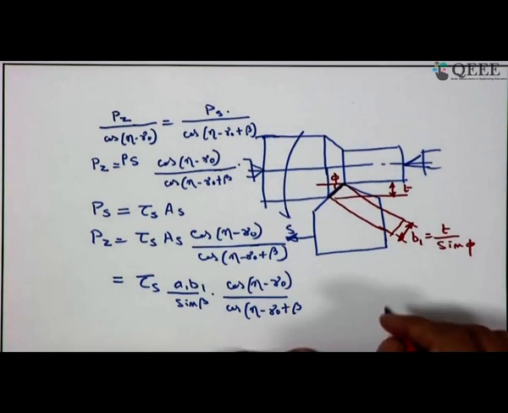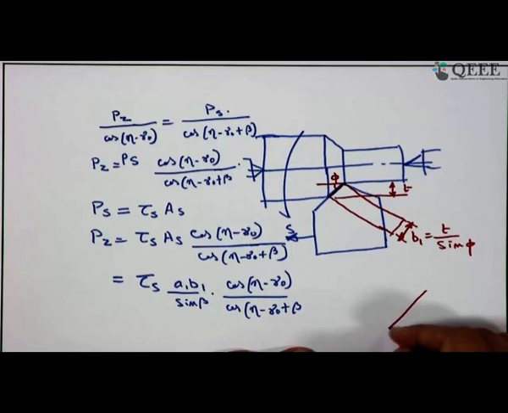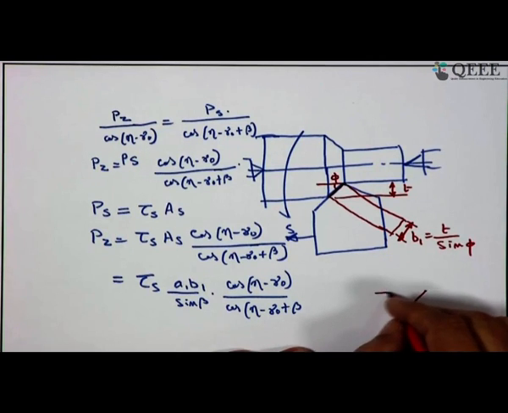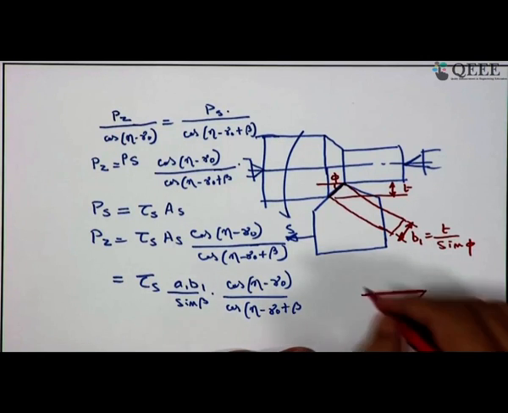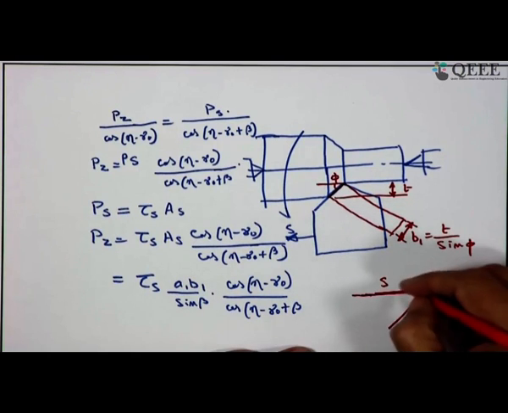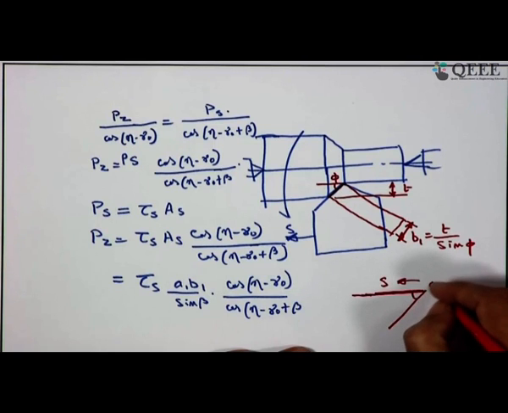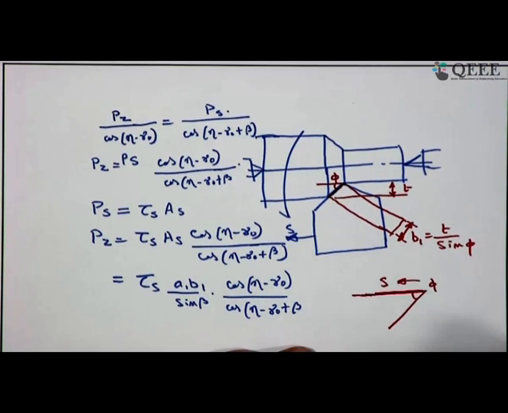That means, if I make a larger figure, this is the cutting edge, and here you have the feed, this is the feed, this is the feed in this direction, and this now comes the value phi. So, perpendicular to this is the cutting edge.